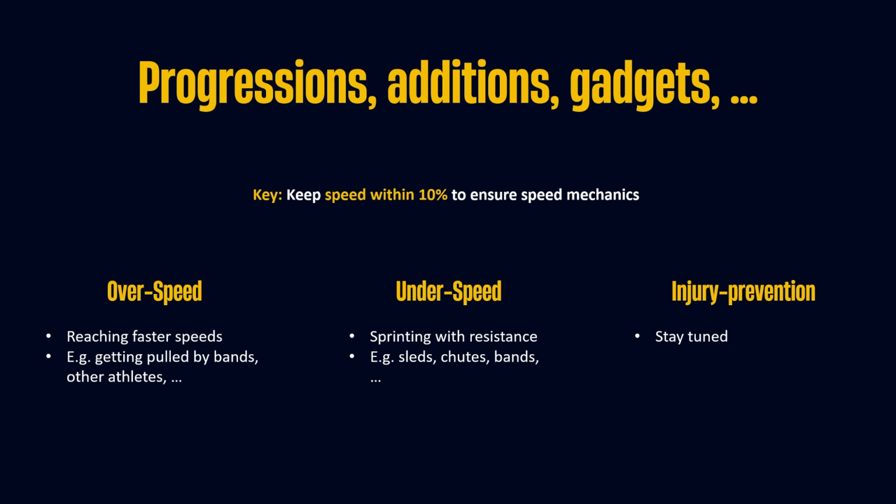Injury prevention is another big topic. In sprinting there's often the hamstring tear that comes to our minds first. We're going to talk about injury prevention, also injury prevention while sprinting, in a different Understanding the Why video.